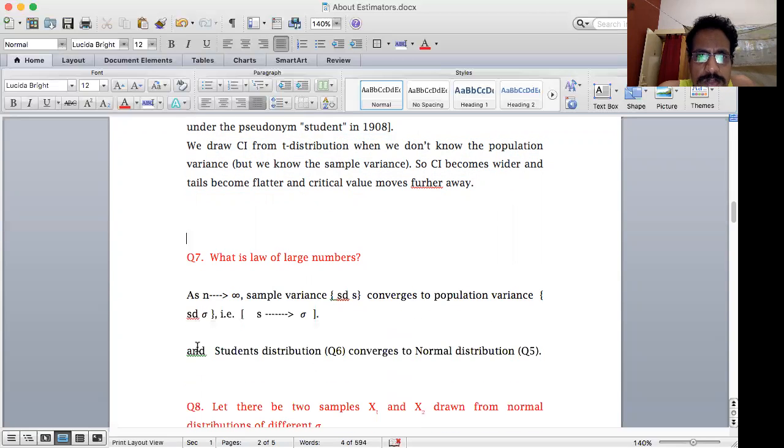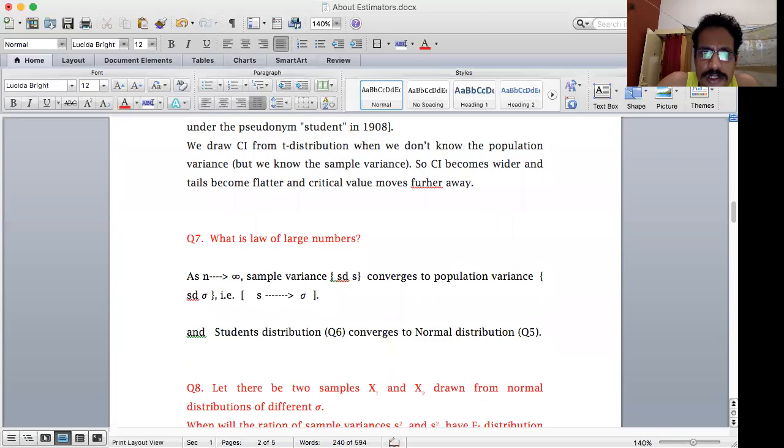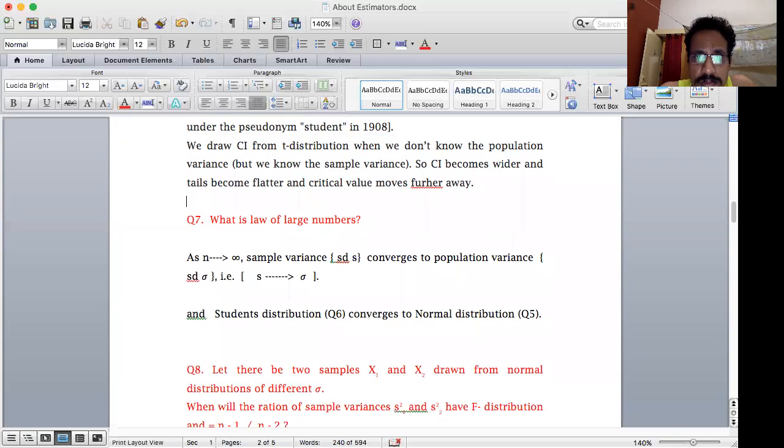Fine. And what is the law of large numbers? The law of large numbers says that as n tends to infinity, the sample variance, which is the square of this standard deviation s, converges to the population variance, which is the square of the population standard deviation sigma, that is s tends to sigma.